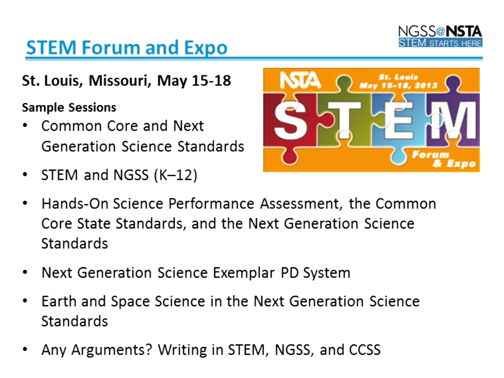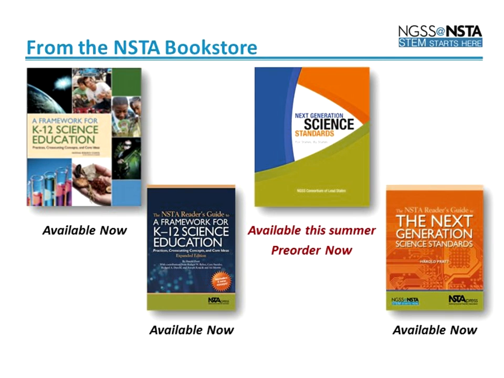What do we have available in print? Well, we currently have the framework still available, and Stephen Pruitt does urge everyone to read the framework, as that is the foundation for the development of the standards. We have a reader's guide to the framework also available at the NSTA store. For those of you who may not be aware, the National Academies will be printing a print document of the standards, and it will be available this summer.